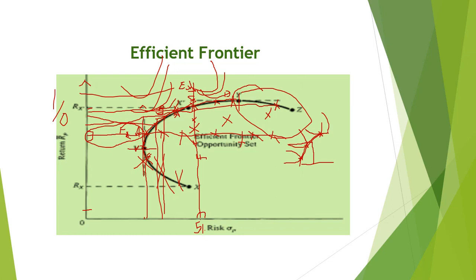If the investor is less risk averse, then the person will select this area, and if the person is more risk averse, the person will select this part of the efficient frontier. If the person lies in between these two types, the person will probably lie over here. Okay, this is basically what the efficient frontier is.